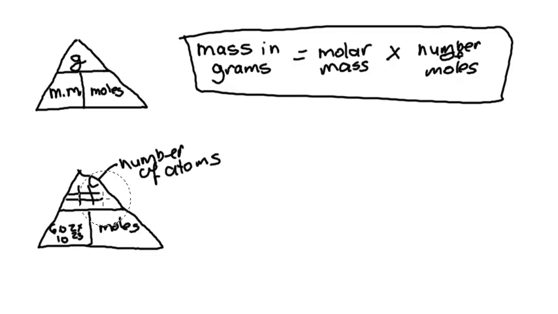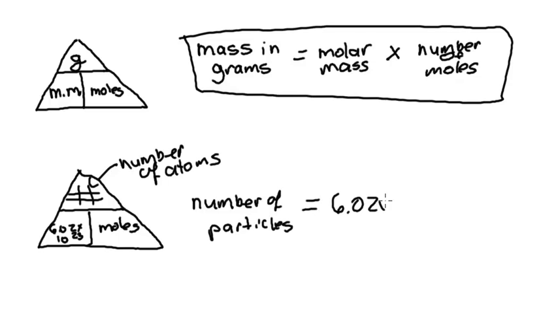If you are looking for the number of whatever, number of atoms, cover that up, and that tells you you need to multiply 6.02 times 10 to the 23rd times moles. Or you can just remember the equation that number of particles equals 6.02 times 10 to the 23rd times number of moles.